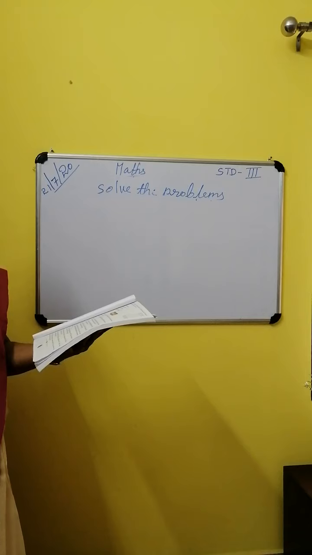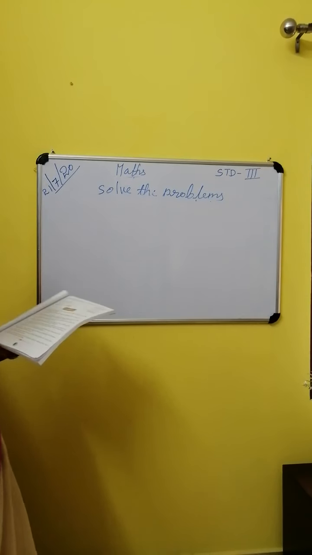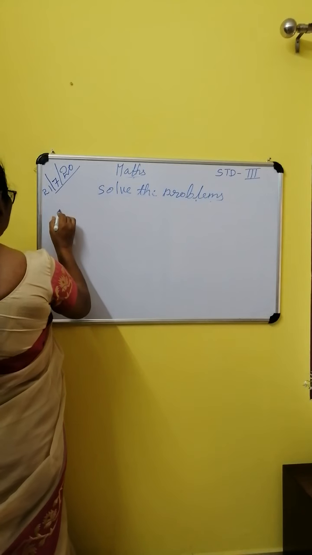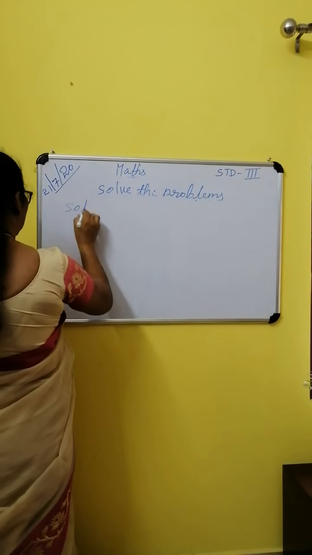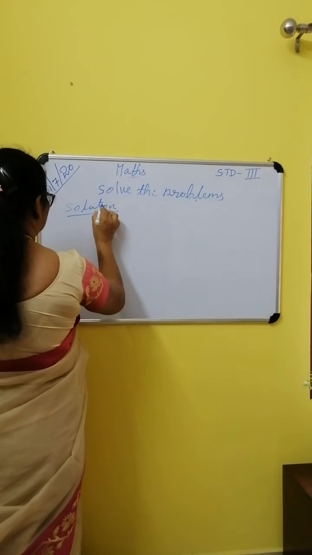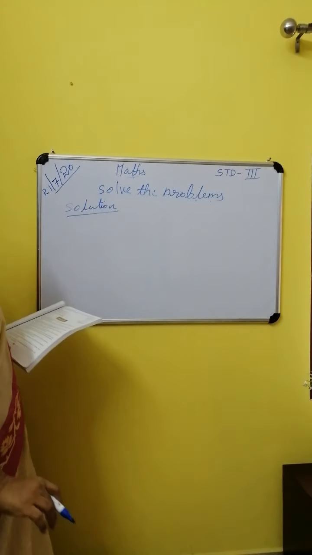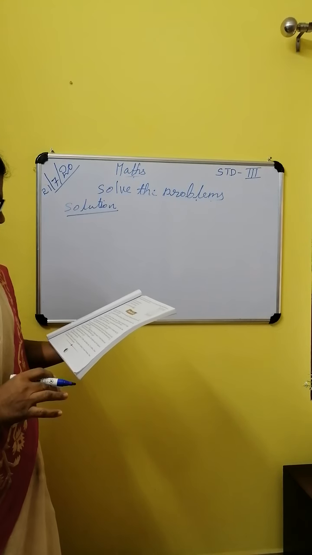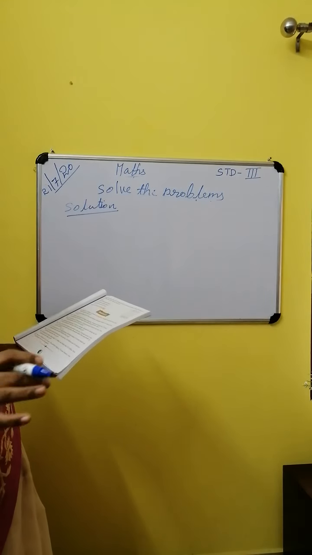How many toffees were there in all? I'll give you the solution. You copy the question from the textbook, okay? Don't forget, ninth question, you copy from the textbook. Solution only I am giving on the board.